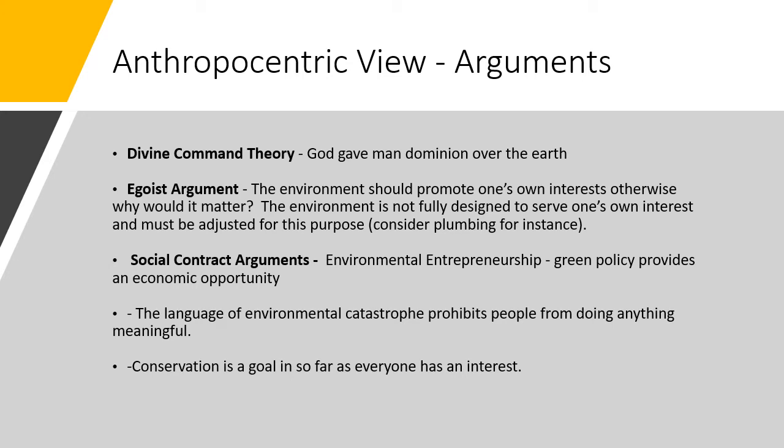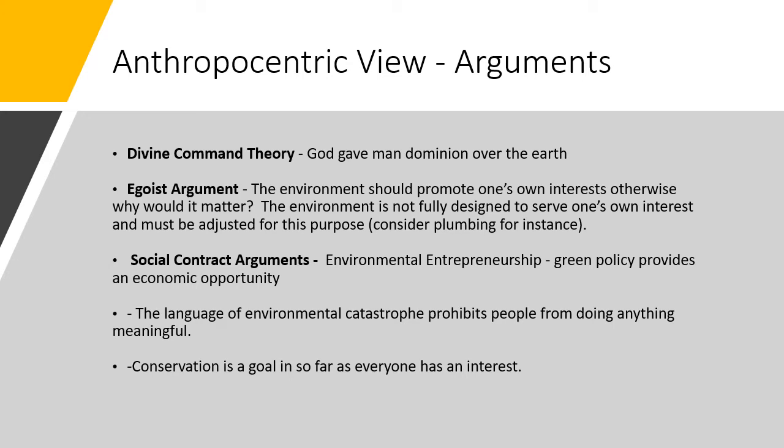We have to get past that notion in order to do something meaningful. And so the anthropocentric point of view says that whatever meaningful thing we're going to do, it's going to have to be within the context of helping ourselves before we do anything else.